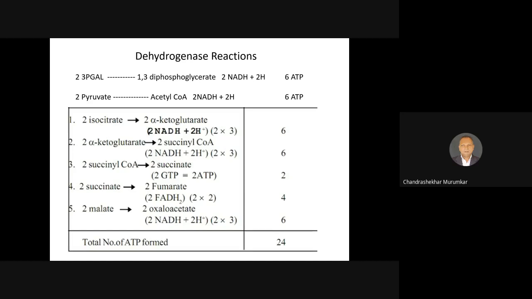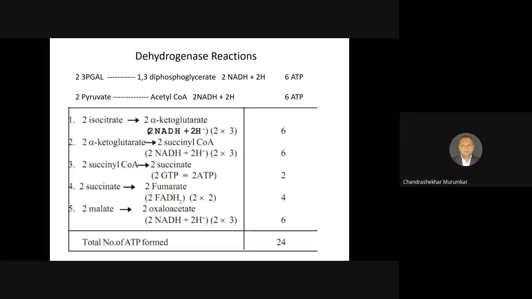And during this process, when the electrons are passing out, they are releasing the energy, and this energy is trapped along with the hydrogen protons which are released now for the synthesis of ATP molecules.